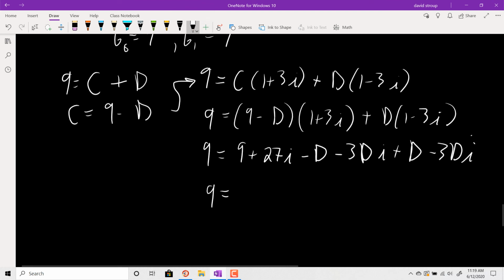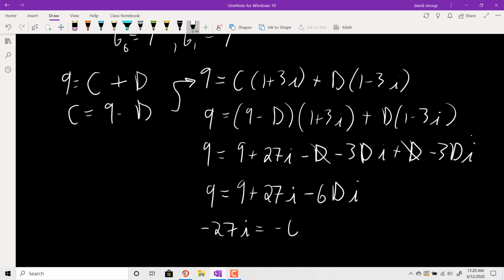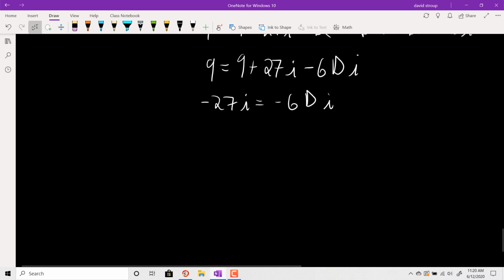All right, so I'm just combining like terms. The d's will cancel. So I get 9 plus 27i minus 6di. Then subtracting the 9s, those will cancel. Subtract the negative 27 to the other side, equals negative 6di. And then divide by negative 6i. And then we have the answer.